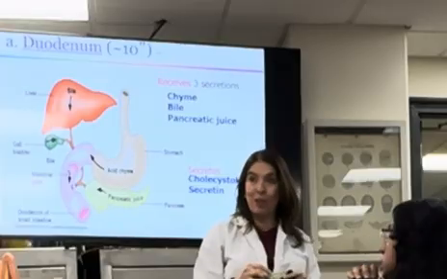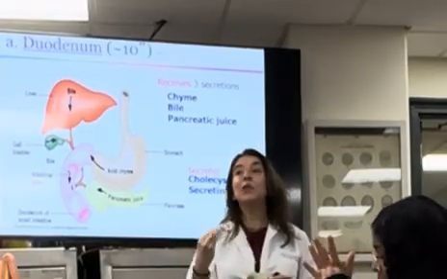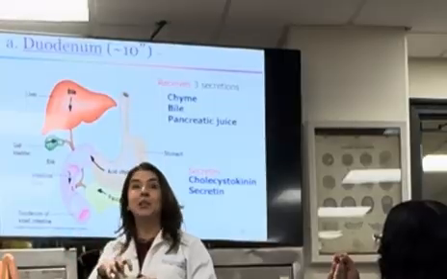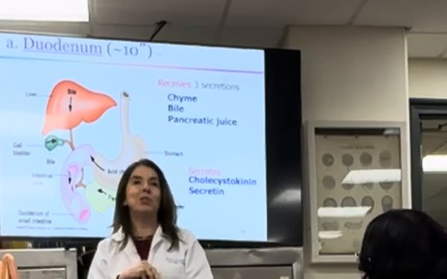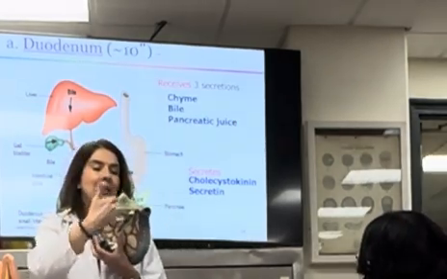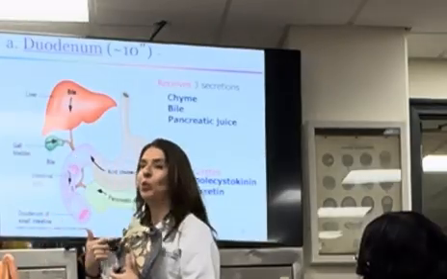Inflammation of the pancreas. Inflammation of the pancreas could be a very serious medical condition because the enzymes of the pancreas can literally digest the organ. That's why they are released as zymogens. That's why they are inactive when they are inside the pancreas, and they only get activated when they get to the duodenum.